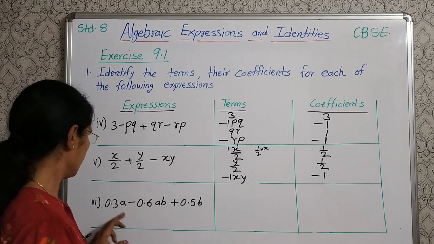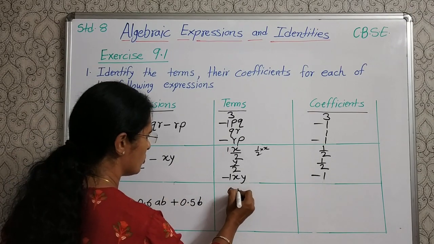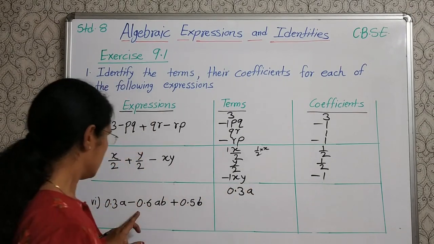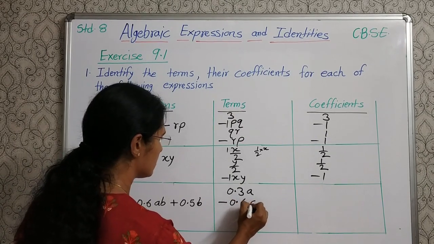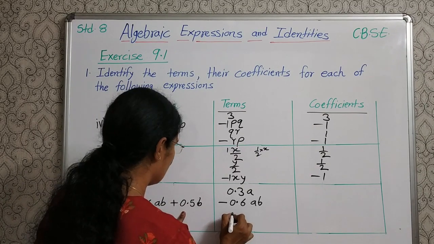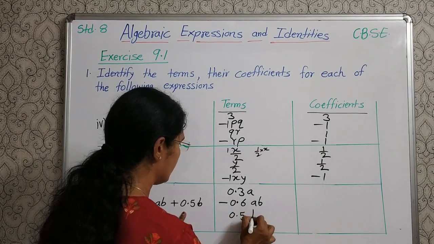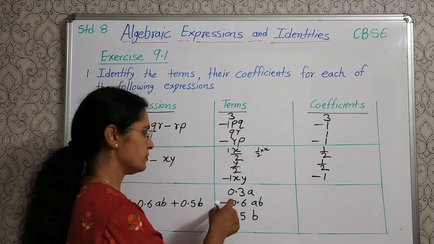Next, sixth expression, three terms are there. First term 0.3a, second term minus 0.6ab, and third term is 0.5b. Now what are the coefficients of these terms?